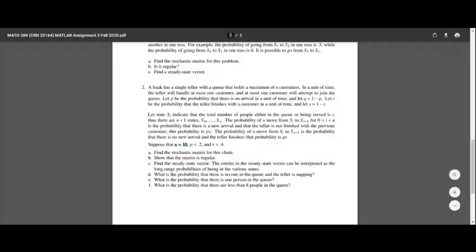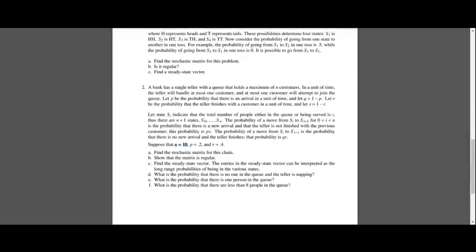Okay, if we go to the reading, it says here, in a unit of time, the teller will handle at most one customer, and at most one customer will attempt to join the queue.